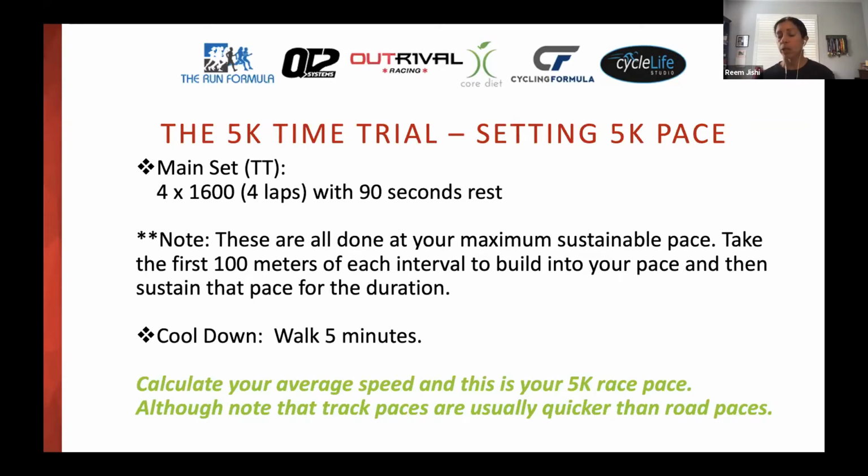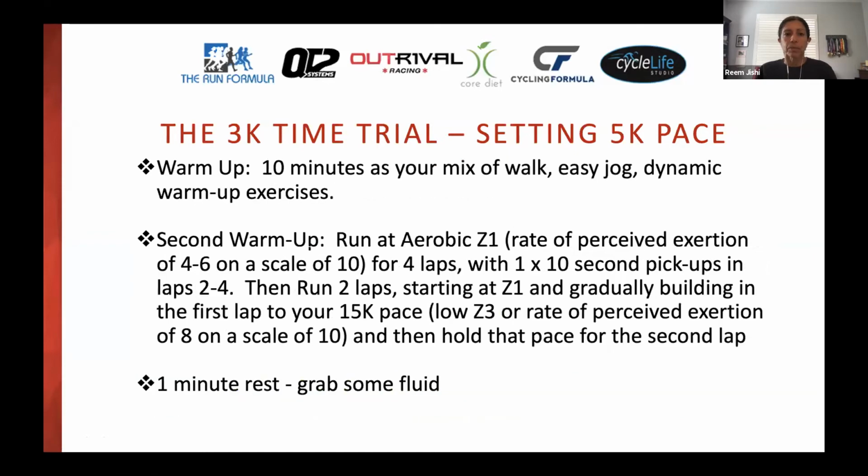If you're going to be doing your speed work on the track and you want to know what your 400 split is, then doing the time trial on the track is more relevant. Then you can use this 5K time to put into the Run Formula or Outrival or QT2 calculators and figure out what your pace is, your race paces, and what your ZR, Z1, Z2 paces are.